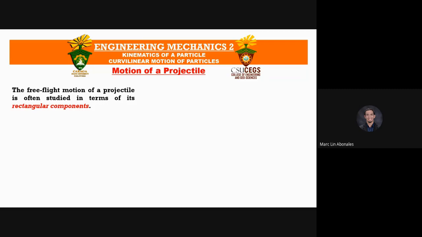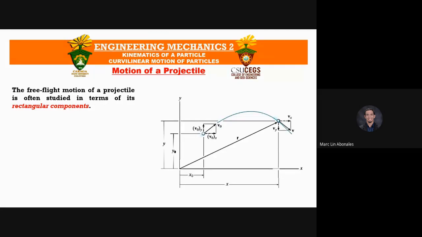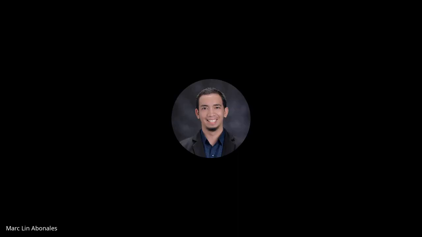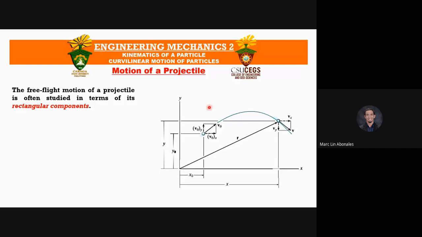Since you already know some basics of rectangular components, this is an example of an image when we analyze projectile motion. It has an initial position, which is before the object is thrown into the air, and then its final position with its final velocity.